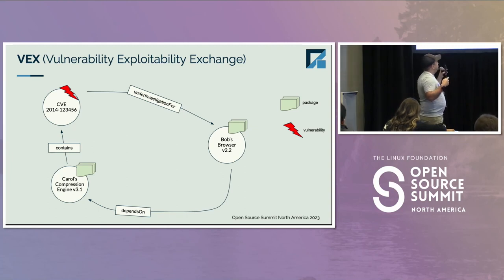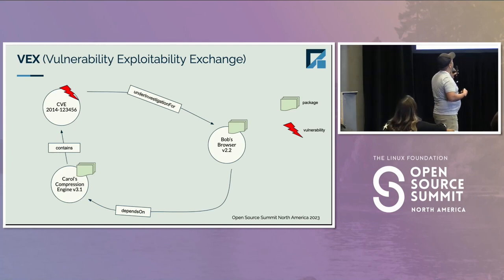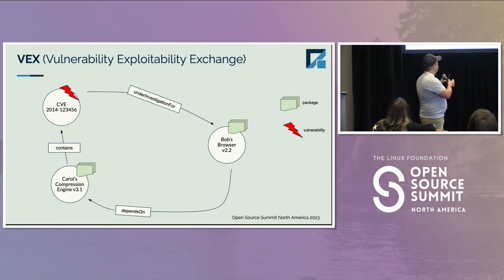So what we did in the security profile is overload, I don't know if that's the right word, but supercharge might be better, those relationships with more information to convey the Vex statuses, just as we did with the security assessments. So once the CVE hits and it gets published, Bob starts looking into it, and the first thing that he should do is inform people that, okay, I'm looking at this vulnerability and how it affects my software.